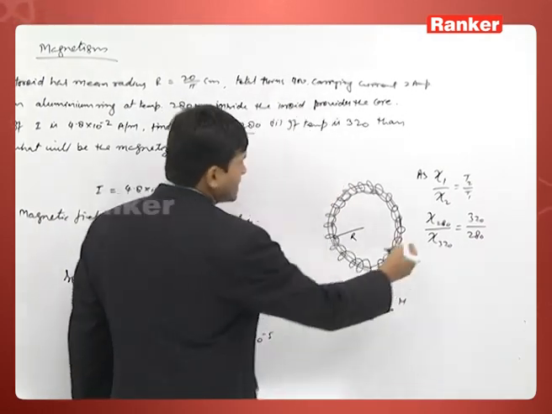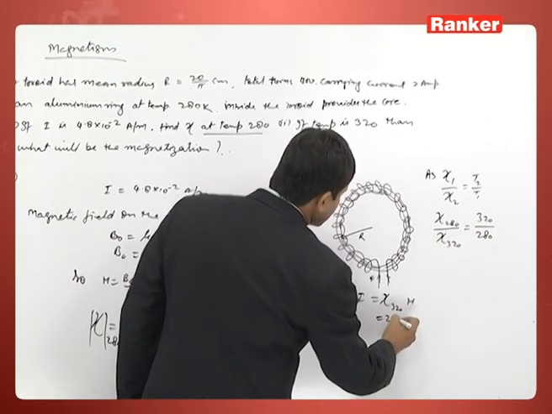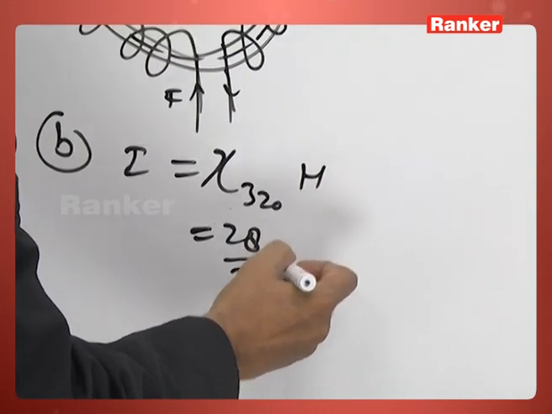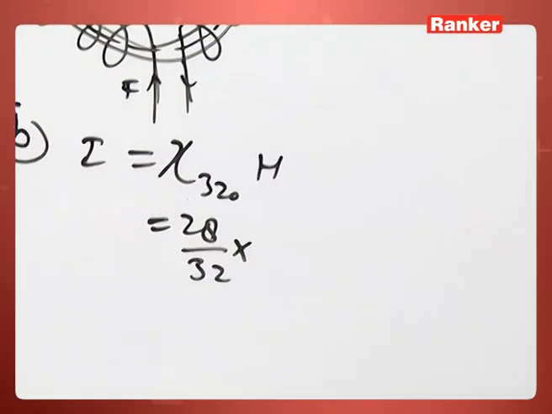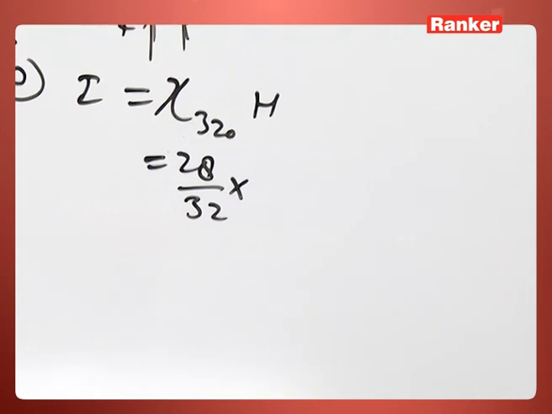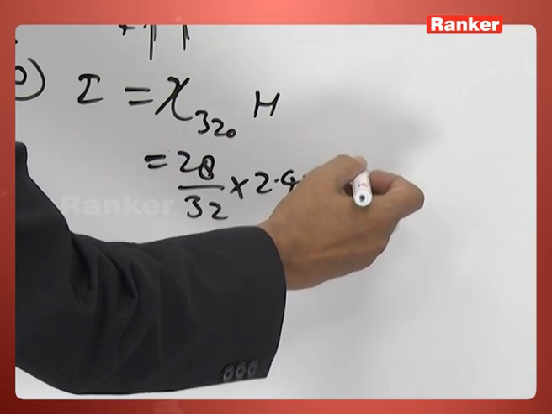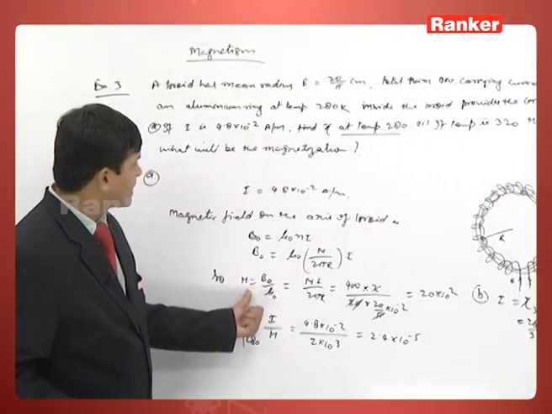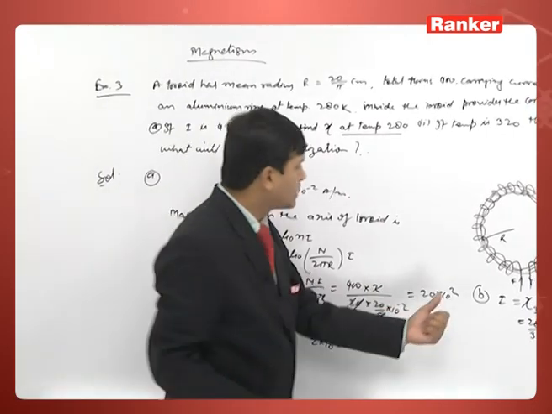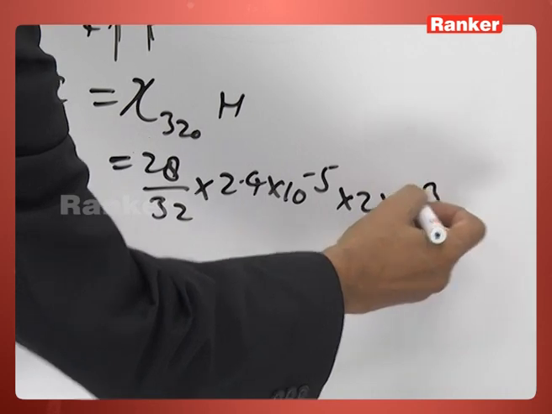So we can write susceptibility at temperature 320 as 28 by 32 times susceptibility at temperature 280. At 280, that value is 2.4 into 10 to the minus 5, and H value, H already we have calculated, that is 2 into 10 to the power 3.